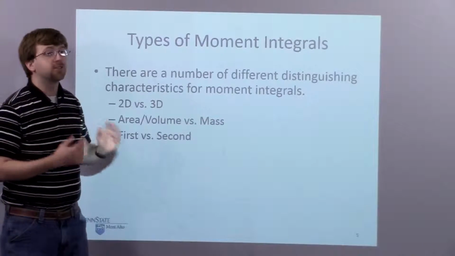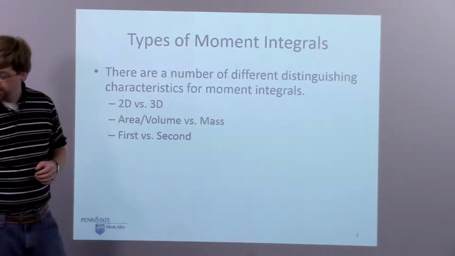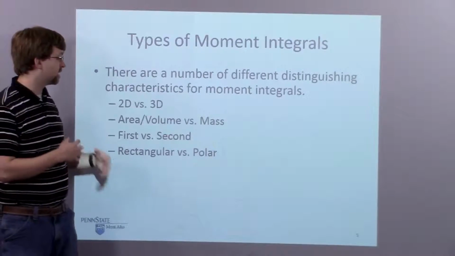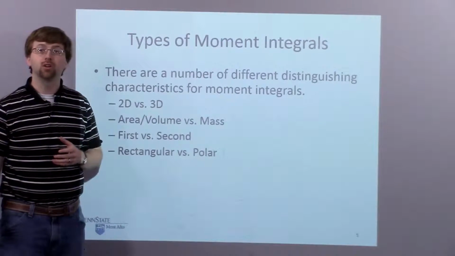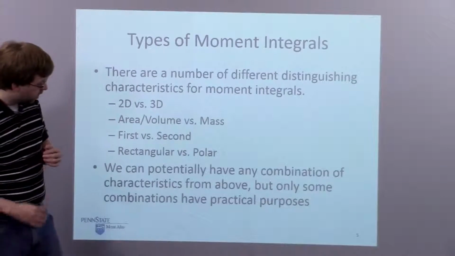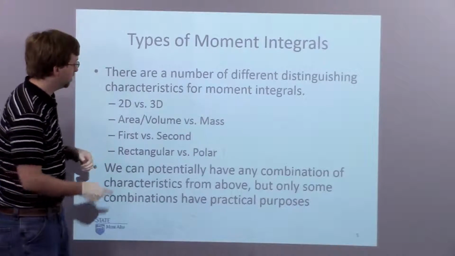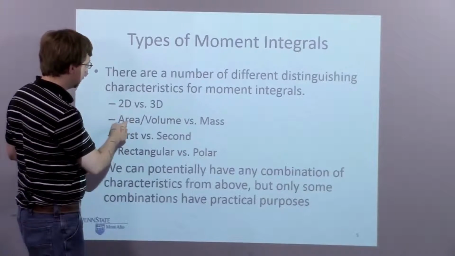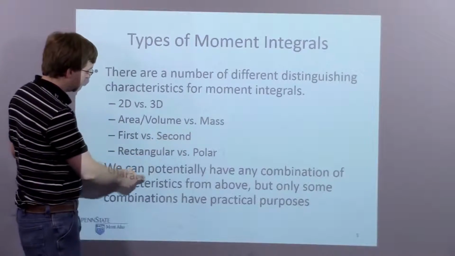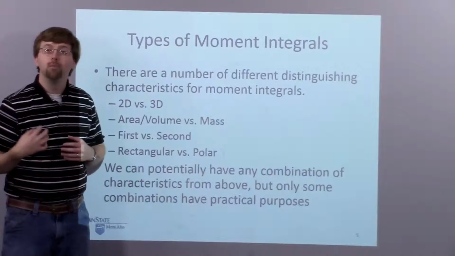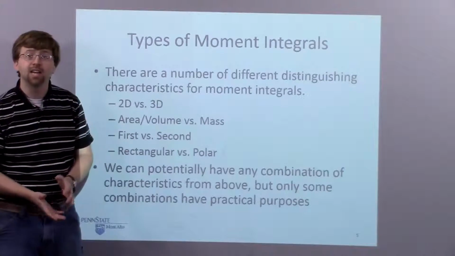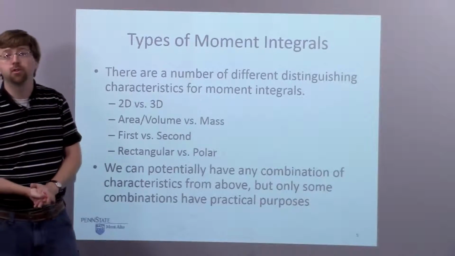We can have first moment integrals, or we can have second moment integrals. And we can have rectangular moment integrals or polar moment integrals. So with any combination, I can choose 2D, like area, second rectangular moment integral. I could do that. Only some of these are going to be useful though.